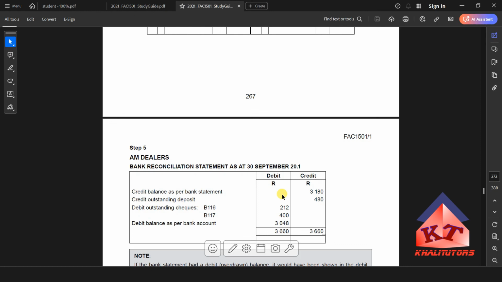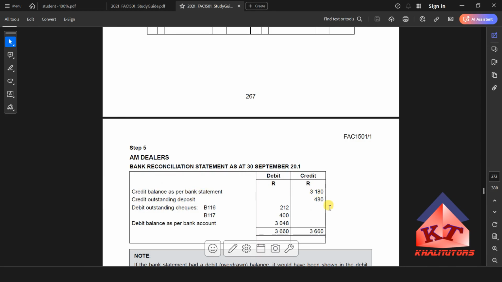So in terms of the bank account and the bank statement, okay, if the bank account had a debit balance, you will include the total or the balance in the debit side. If it had a credit balance, you'll include that in the credit side, and you'll do the same in terms of your bank statement.